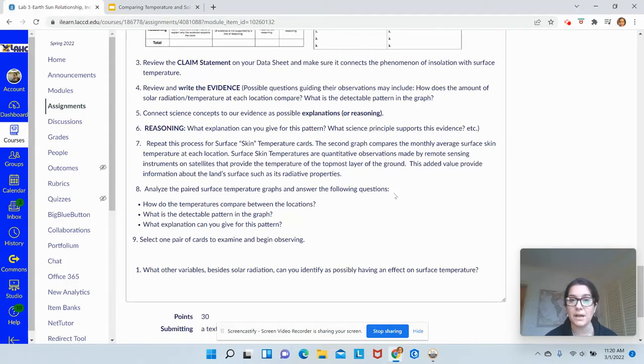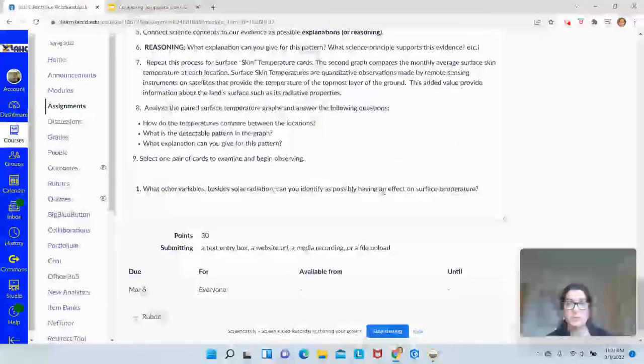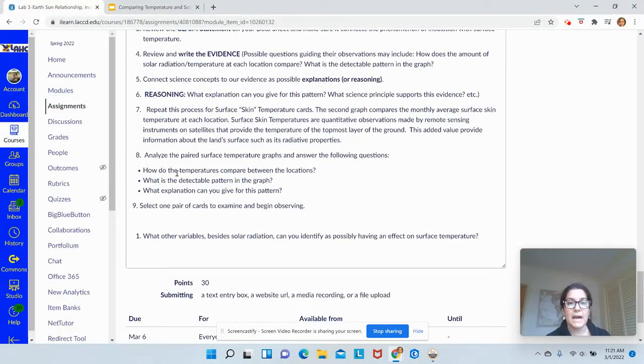Once you have paired up each of these locations with another location, so we have 8 locations, you are going to have 4 pairs, 2 in each group. Then, after you have filled out a form for each of your pairs, you are also going to answer the questions: how do the temperatures compare between locations in your paired group?